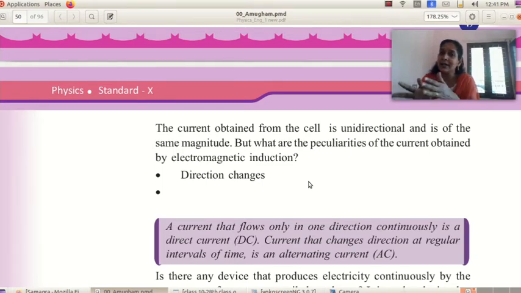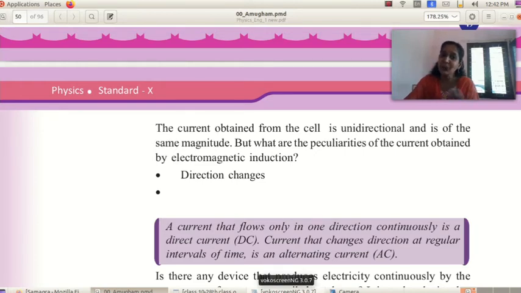If we decrease the speed of motion of the magnet or solenoid, the current decreases. If we increase the speed, the current increases. By changing the speed of motion, we can increase or decrease the current. So the magnitude changes. About this we can study in the next class.